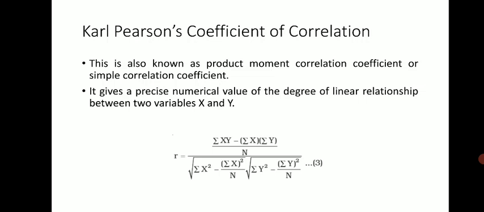So it gives a precise numerical value of the degree of linear relationship between two variables, x and y, and this is the formula. This coefficient is denoted by the letter r, and it is summation xy minus summation x into summation y upon n, upon under root summation x square minus summation x whole square upon n, and similarly under root summation y square minus summation y whole square upon n.